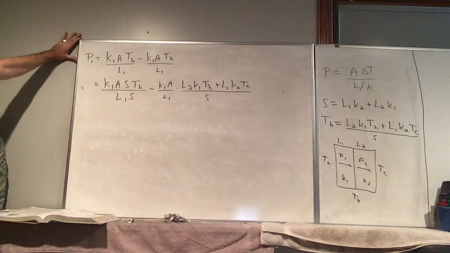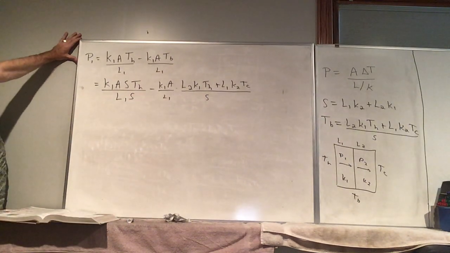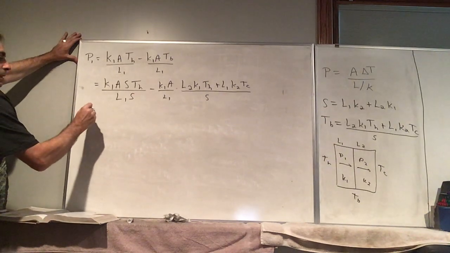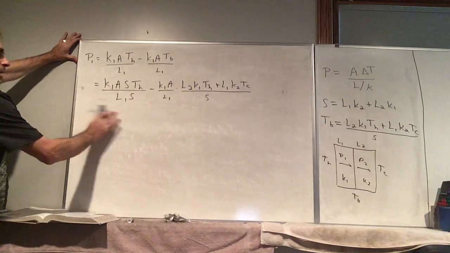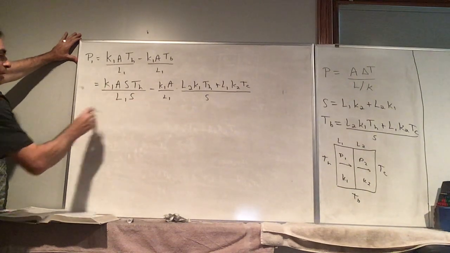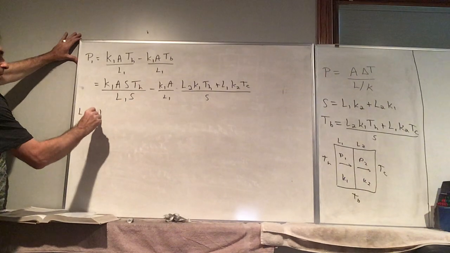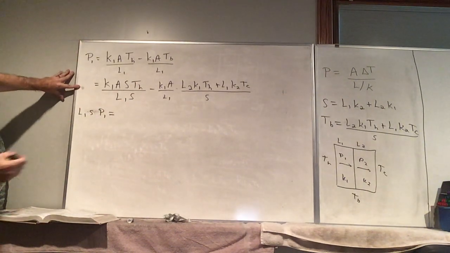Okay, so now our denominator is the same. And maybe let's multiply, so the denominator is L1 times S. So let's for now say L1S times P1. See if we can clean up this right side.